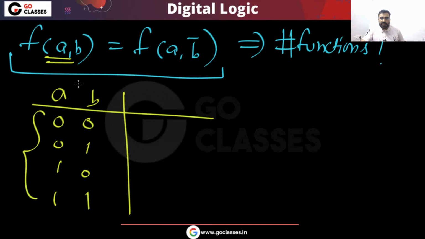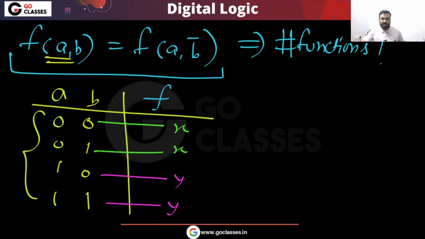Now the question is saying that the function value should be the same here. So for these two rows, the function value should be the same. If you write x here, you should write x here. And if you write y here, you should write y here.